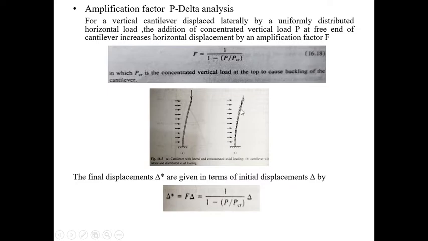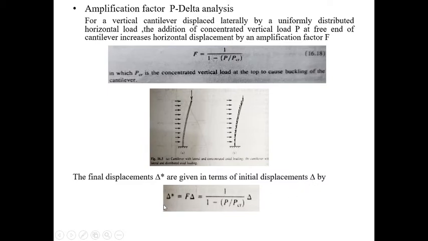In this figure, we can see that the vertical P load is distributed throughout the cantilever in the form of axial load. Then the final displacement, delta star, is found in terms of the initial displacement delta.